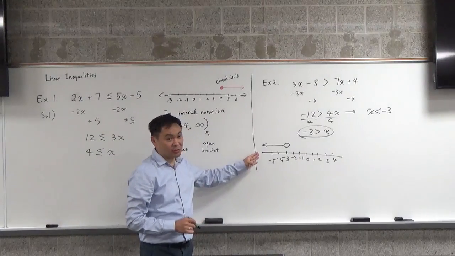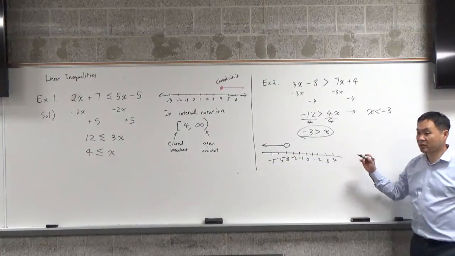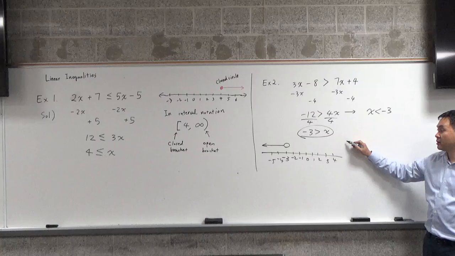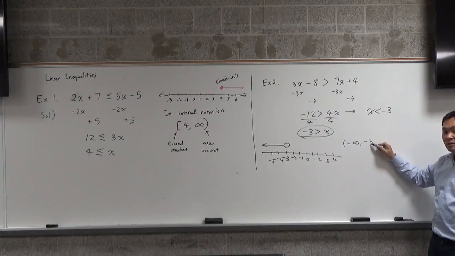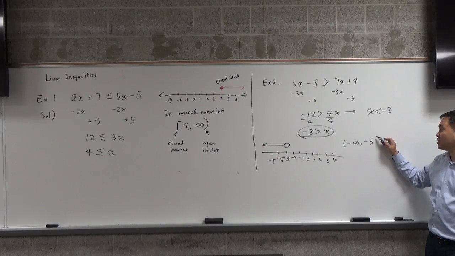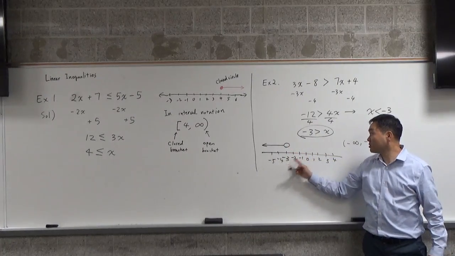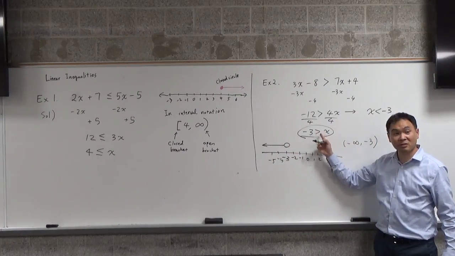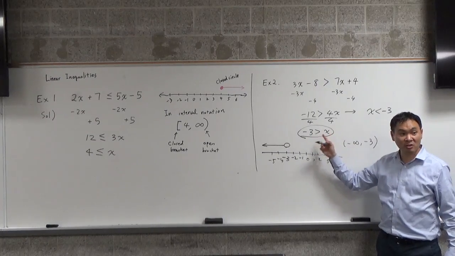Can you express this solution as an interval notation? How do you write it? Negative infinity up till negative 3. Okay, square bracket or round one? Round. It's round because it's open circle. The negative 3 itself is not included. This is a strict inequality, which indicates that negative 3 shouldn't be included.